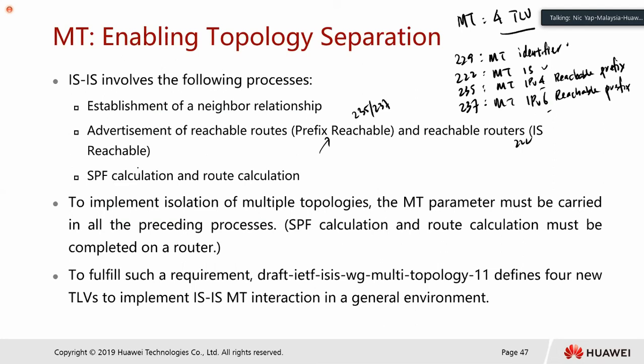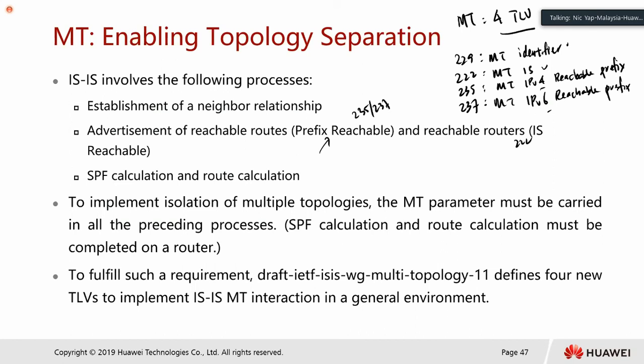To implement the isolation of multi-topology, the MT parameters must be carried in all the preceding processes. SPF calculation and route calculation must be completed on the routers. All the devices involved in the MT, you need to enable separately. You cannot say that I only calculate on my side.